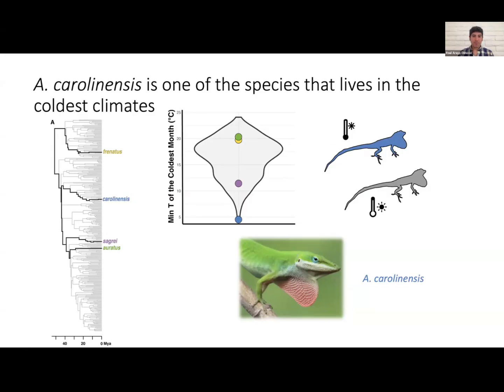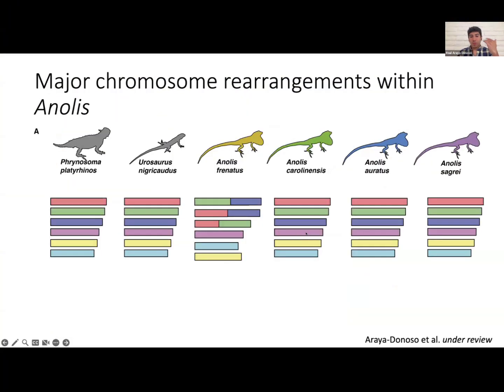So here the question then is how the genomic variation of these species could be associated with their unique traits. So one of the first things we studied was the structural variation. And here, if we go back to the idea of each DNA sequence being represented by a line, here each block represents one chromosome or one DNA sequence.